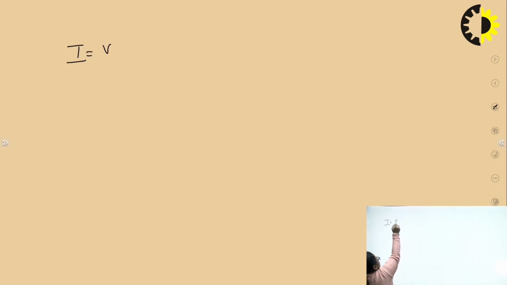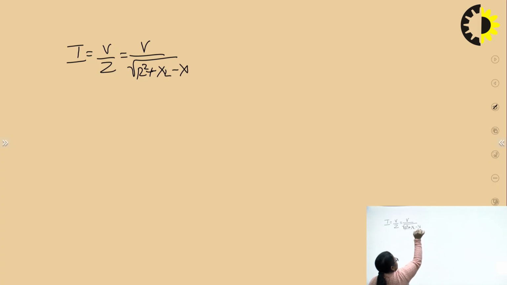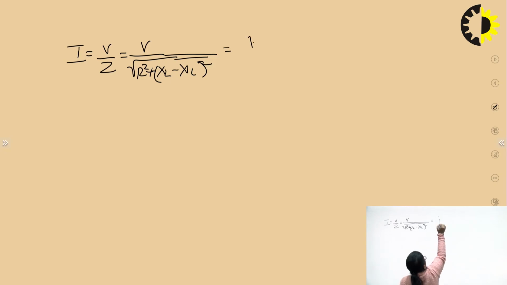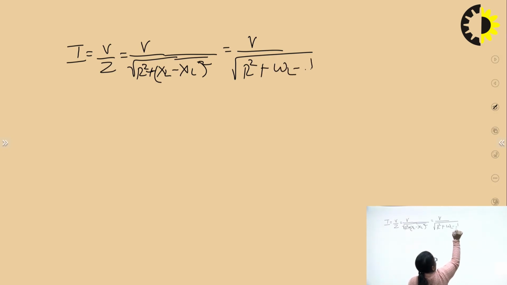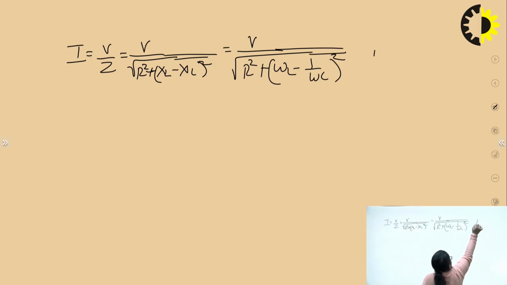The current is given by V upon Z, and Z is given by the square root of R squared plus (XL minus XC) whole squared. Or I may write it as V upon the square root of R squared plus (omega L minus 1 upon omega C) whole squared. This is the first equation I am writing, fine.